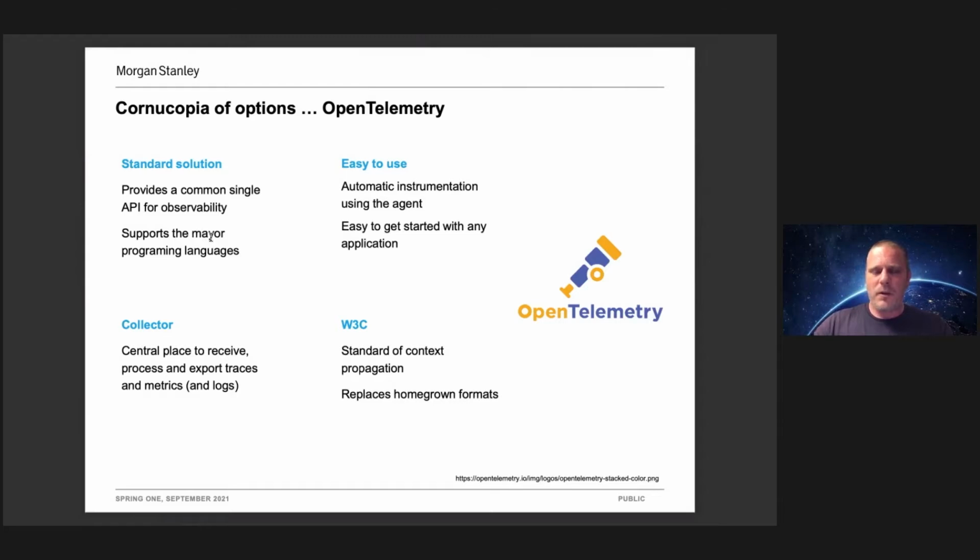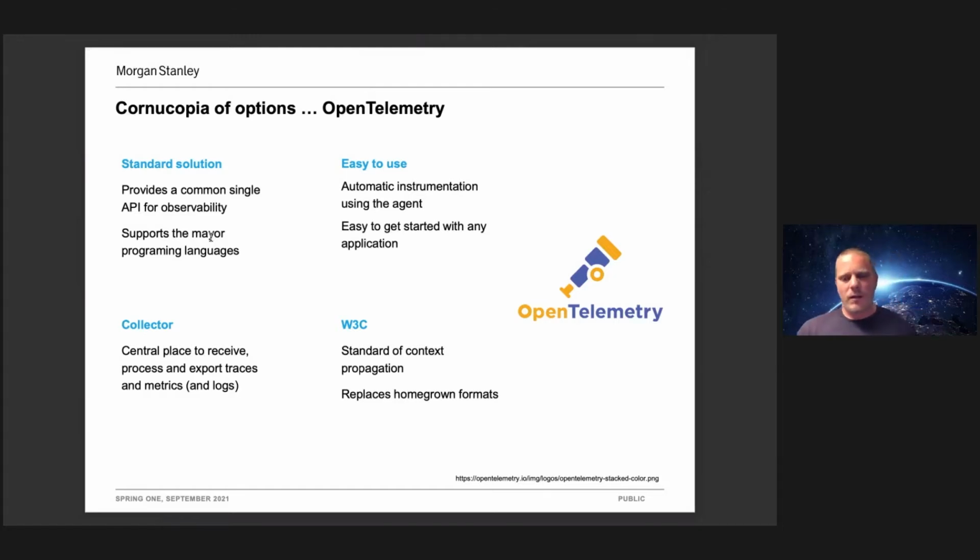So you can write your instrumentation code in Python, or you can write it in C++, or you can write it in Java. You write it in a very similar way, and you're using the same API for the common programming languages that we use.